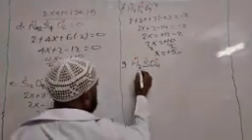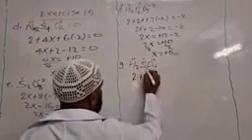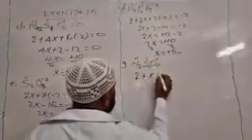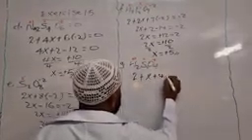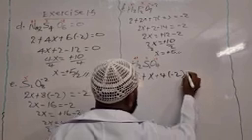Therefore, 2 times +1 means +2, plus the subscript of sulfur is 1, 1 times x is x, plus 4 times -2 is the oxidation number of oxygen, and the summation must be 0.